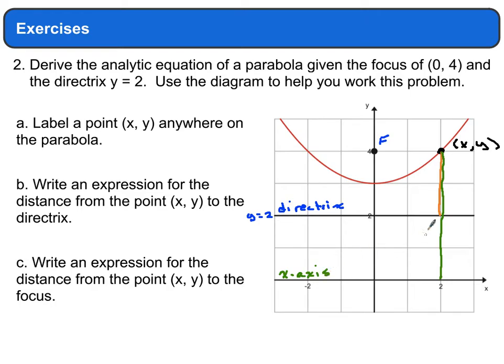So if you look at the green line that we have here on the side, I'll color it in a little bit better, and then you compare it to this orange line right here, the orange line is definitely shorter than the green line. So if the distance from the point to the x-axis is y, from here all the way down to here, then there's no way that that orange line can be equal to y because it's smaller.